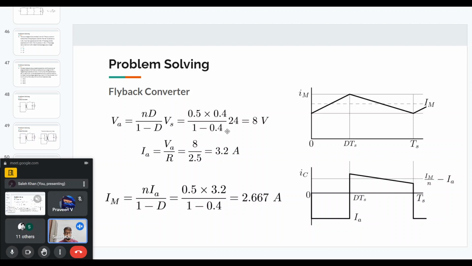And if we substitute all the values, we'll get 8 volts at the output, because we are given the duty, the turns ratio, and the input voltage. And from that, using the load resistance, we can find out the output load current. And then we can substitute the load current in the average magnetizing current equation. So that will give us the average magnetizing current.